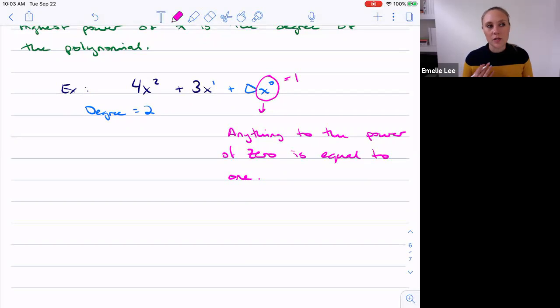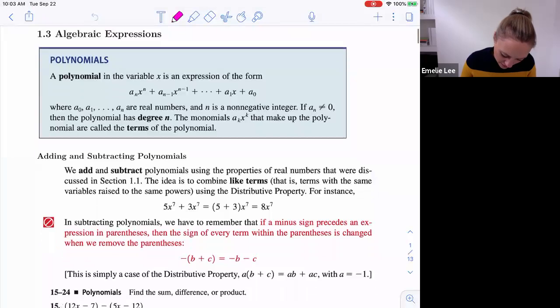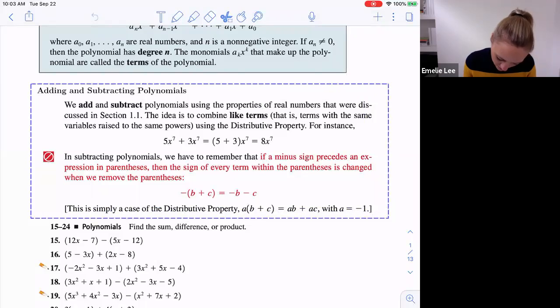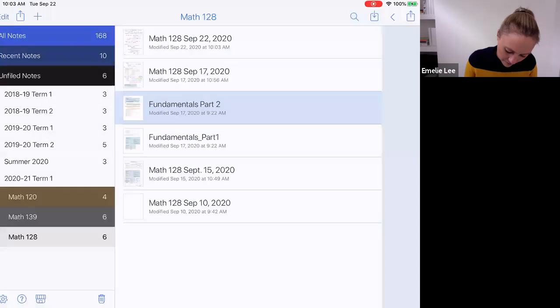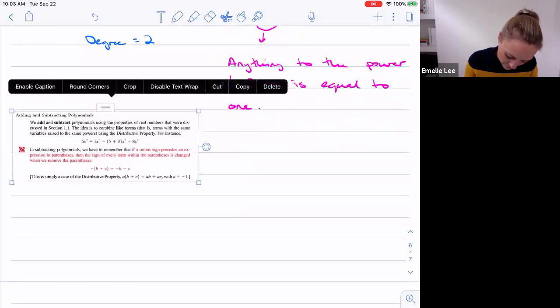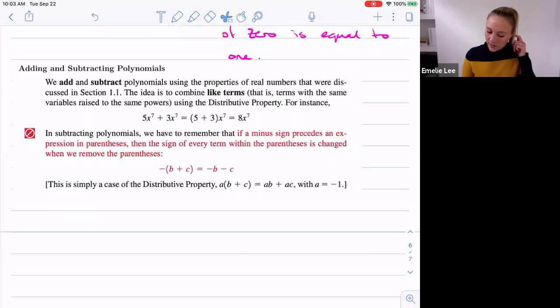So we can't just talk about polynomials, we have to work with polynomials. Let's get into adding and subtracting polynomials.